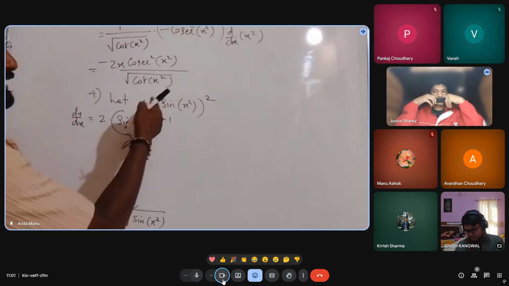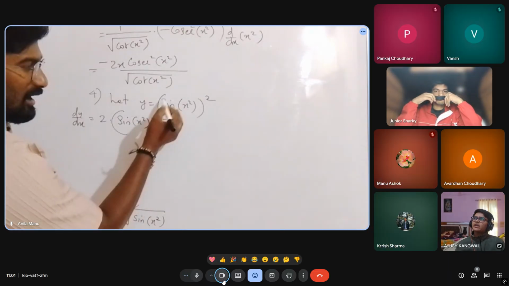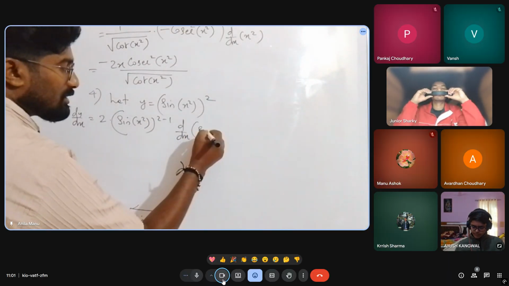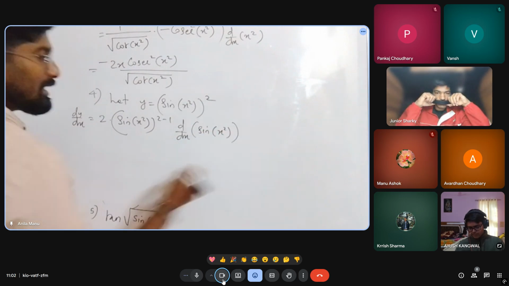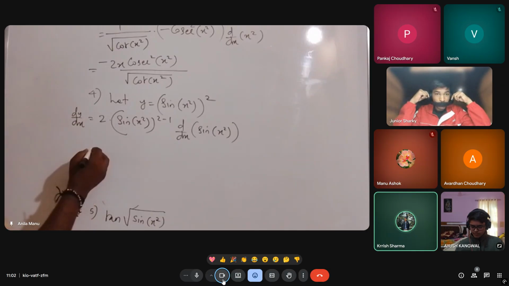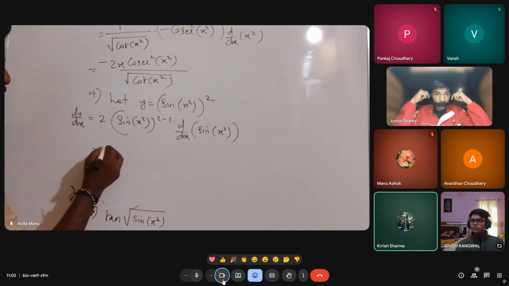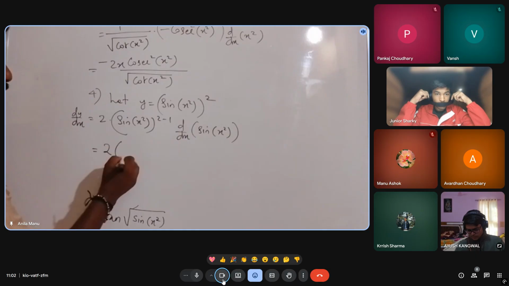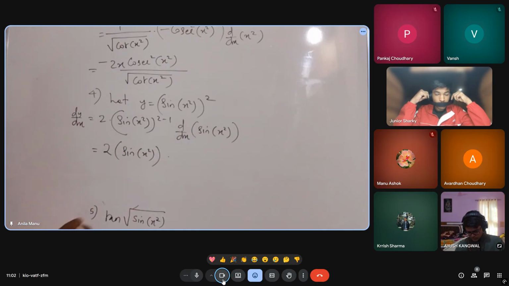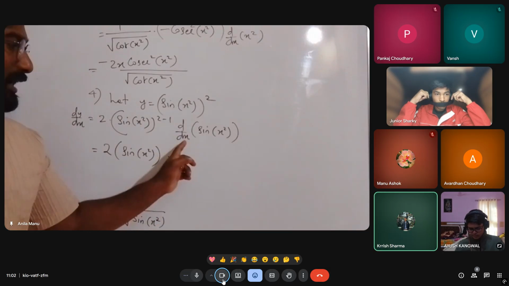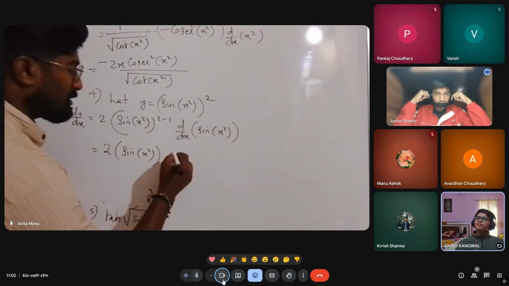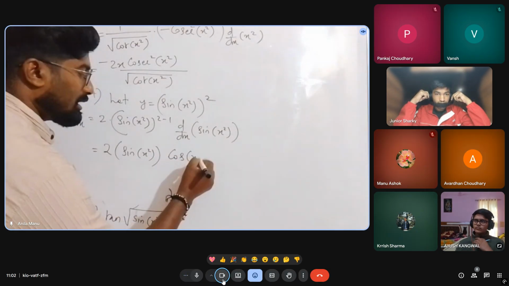So what did we not differentiate here? d by dx of sine x square. Which is equal to 2 into (2 minus 1 is 1), so 2 sine x square into cos x square, since the derivative of sine is cos.